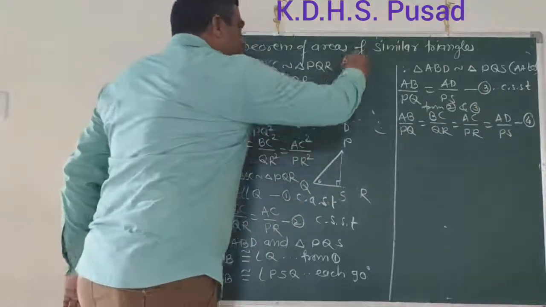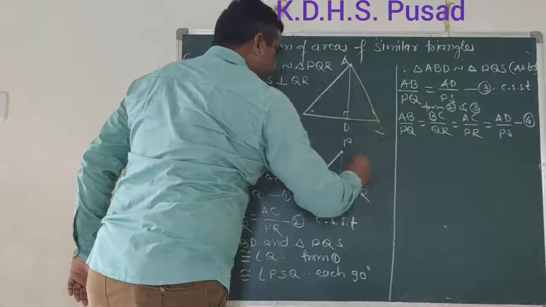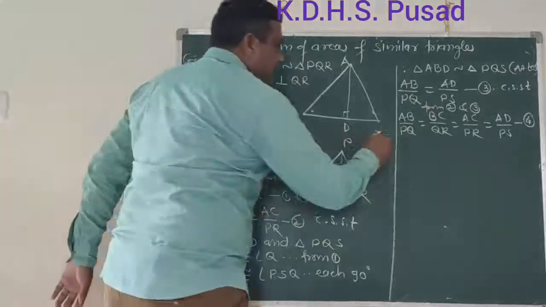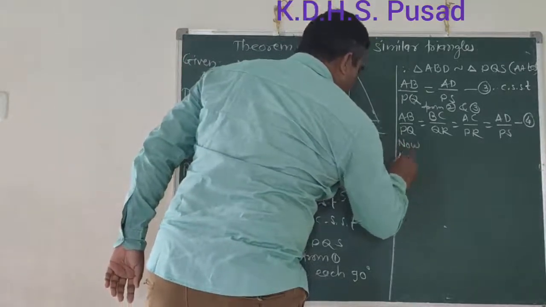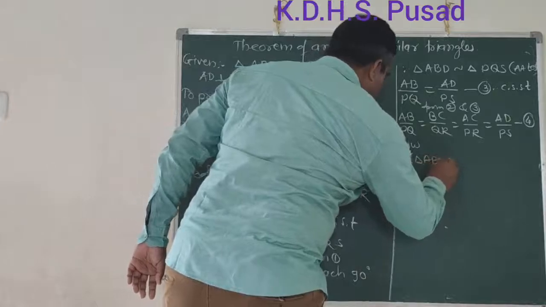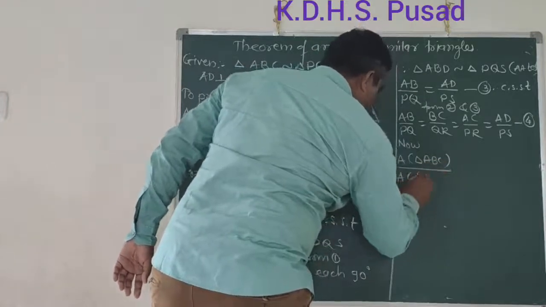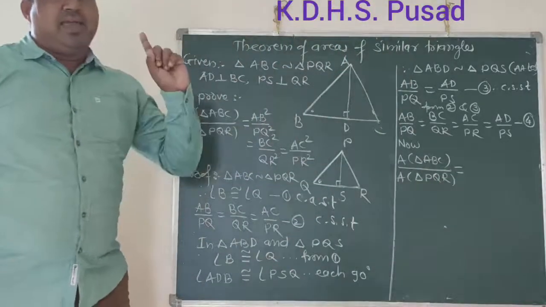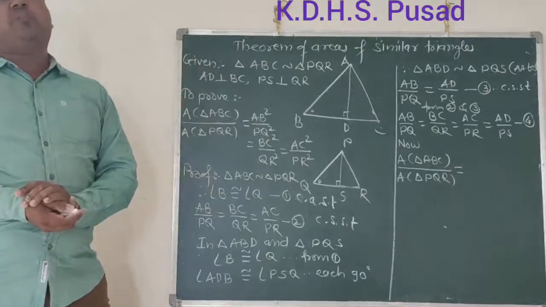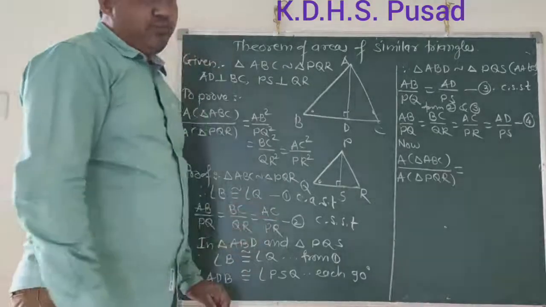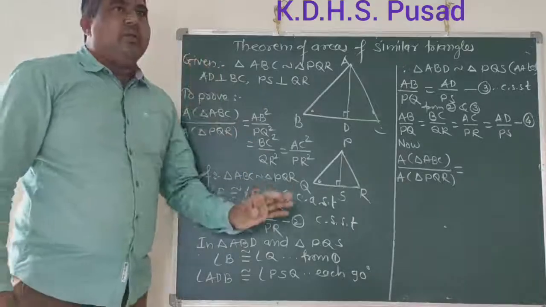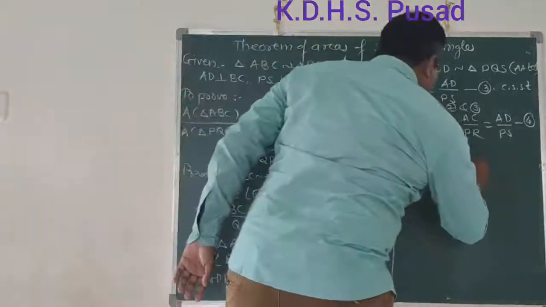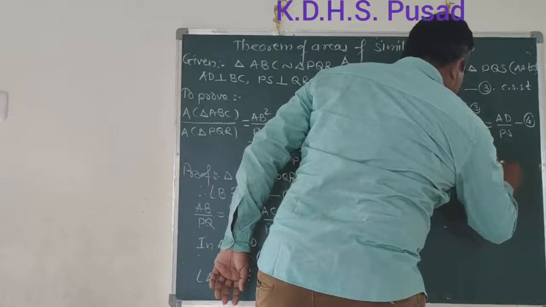Now concentrate on the complete diagram. We have studied ratio of area of two triangles. Now, area of triangle ABC by area of triangle PQR. We studied this theorem at the start of this chapter: ratio of area of two triangles is equal to ratio of the product of their bases and corresponding heights. So for ABC, base is BC and height is AD, BC into AD.